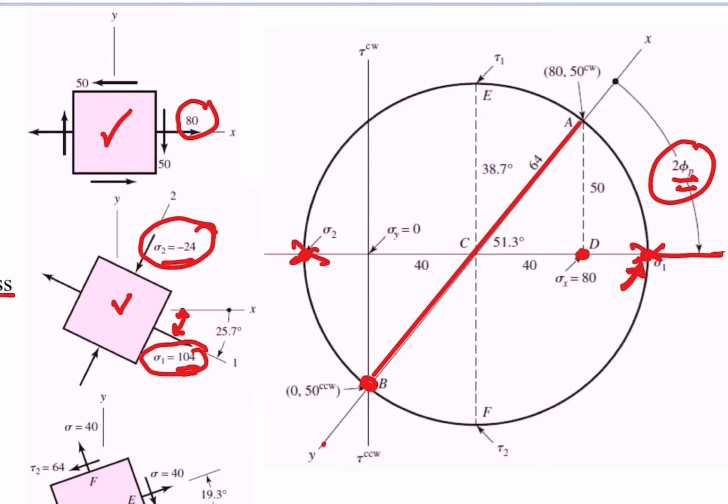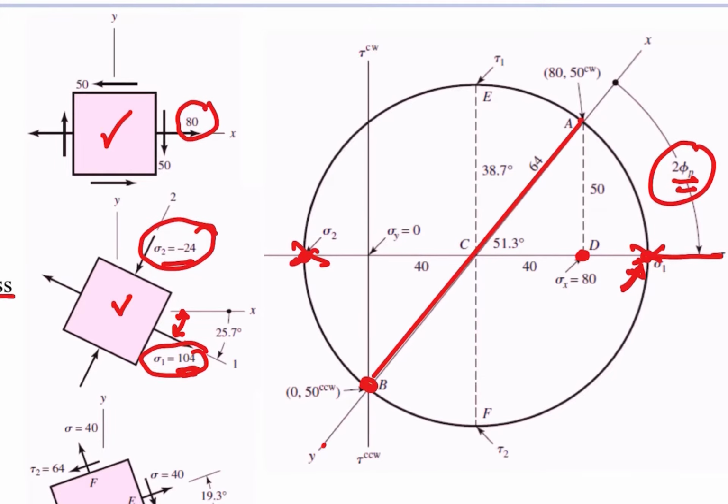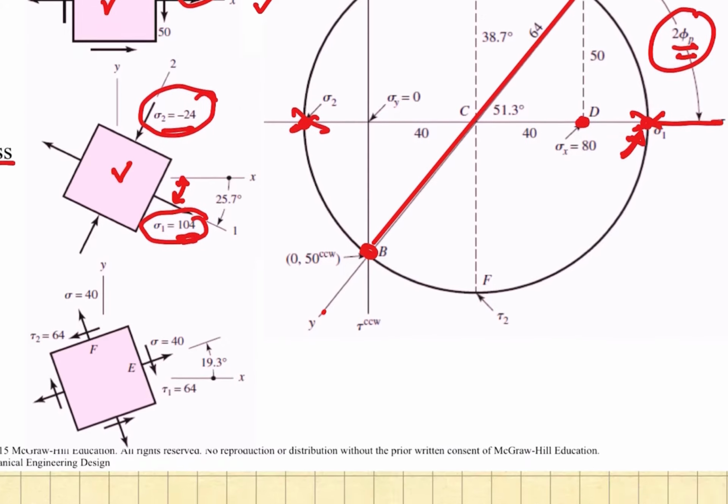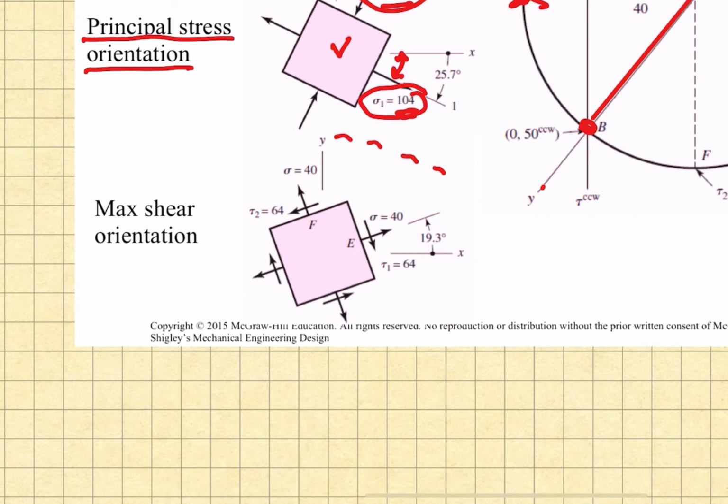We can rotate counterclockwise from point A, which is this original stress state up here, by some angle we can identify based upon the Mohr circle, and we would find the maximum shear orientation, and that is shown in this third little material element down here.